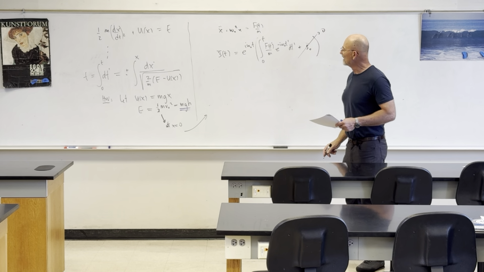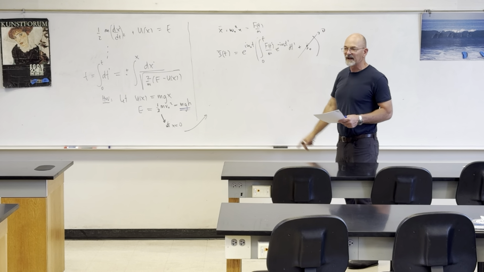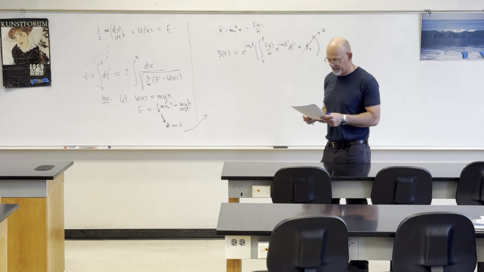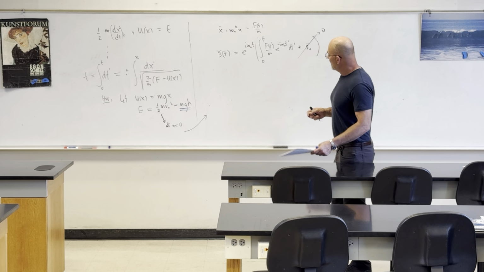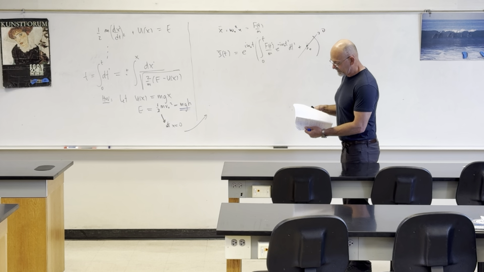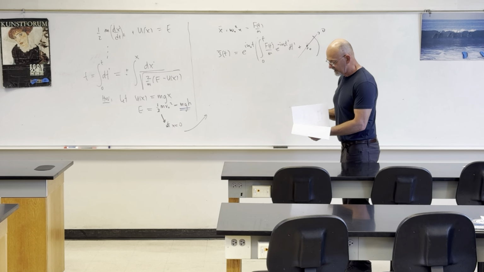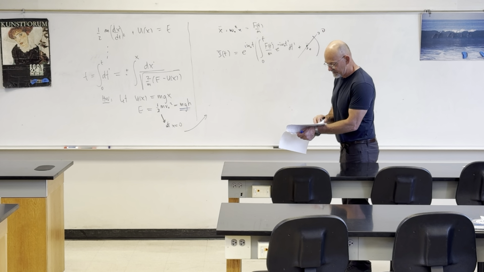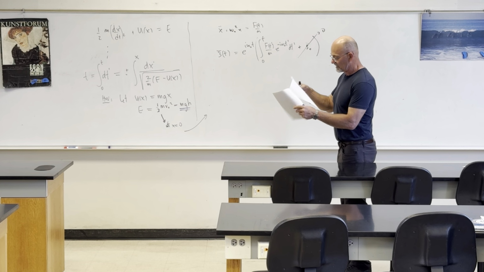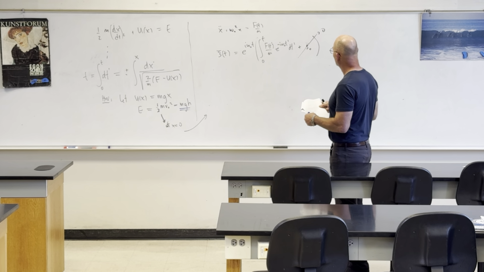The initial condition just means that the particle is starting at rest at the origin, so that's fine. Okay. So put down what we get here, and I can talk a bit about how to do the integration. This one you just want to do in your own good time.